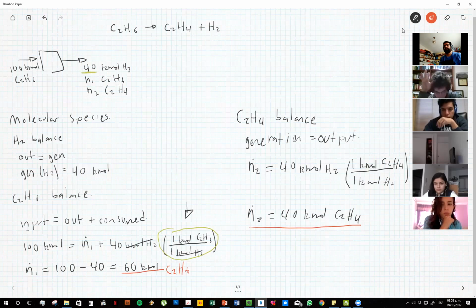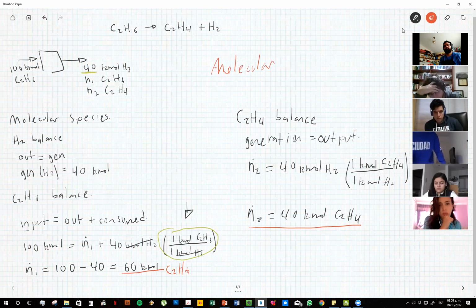Professor, why in the C2H6 balance are the 40 kilomoles of hydrogen considered as consumed? Because in a reaction, the species behave according to the stoichiometry of the reaction.